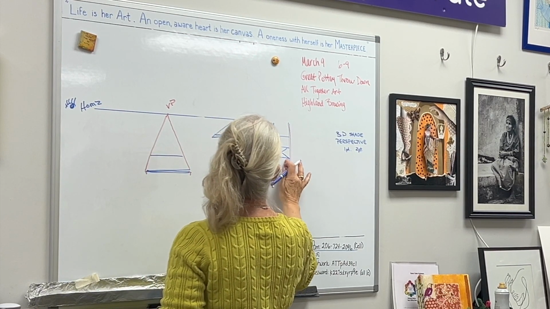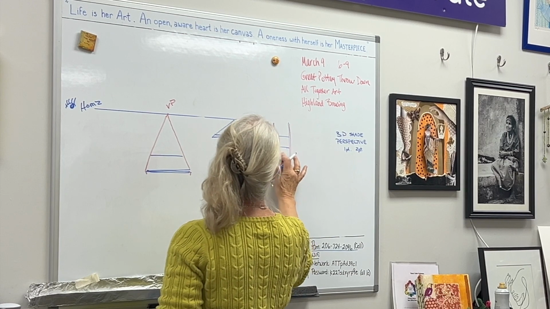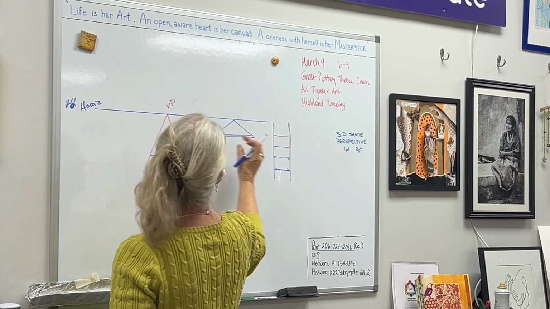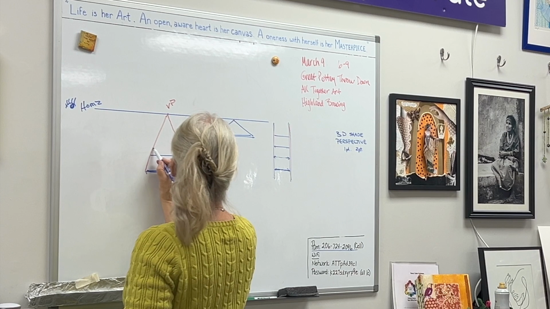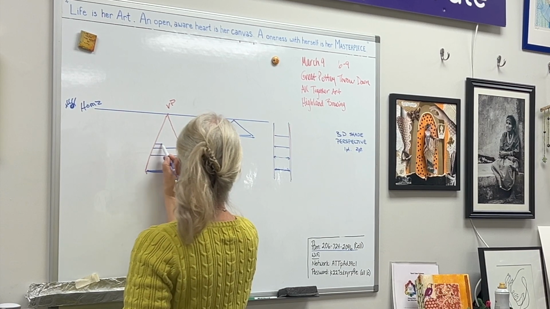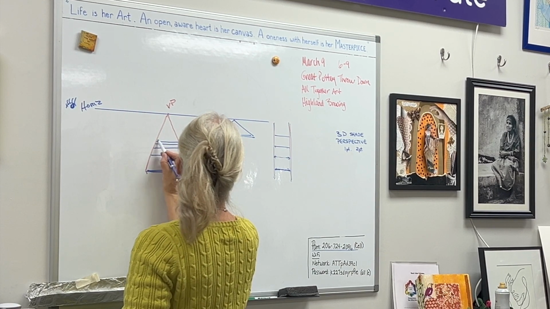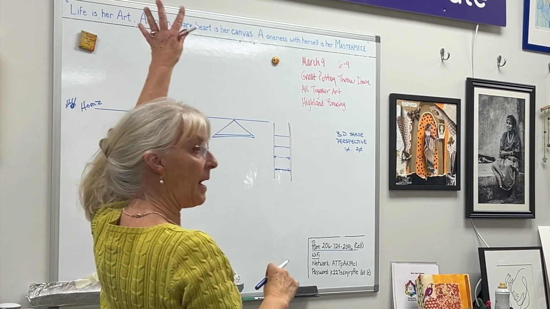This is going to get complex. You just need the basics. So these rails are going to get consistently closer as you go back in space, all the way back.